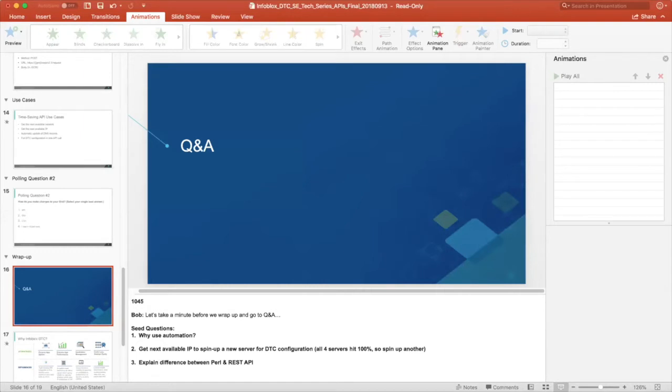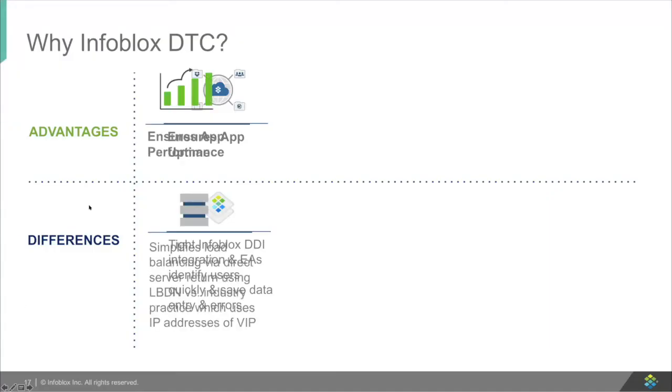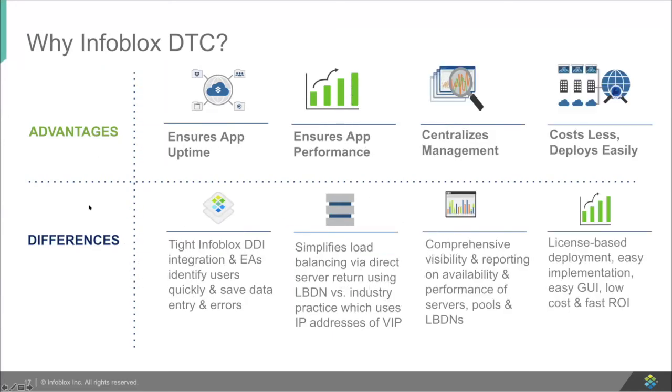In looking at why Infoblox DTC, this is really a summary. Obviously, there are a number of advantages around app uptime, ensuring app performance, centralizing management through a single pane of glass, and of course, lower cost and especially easy deployment.